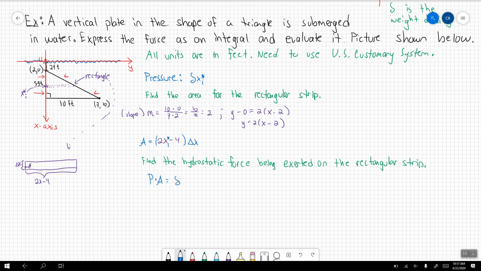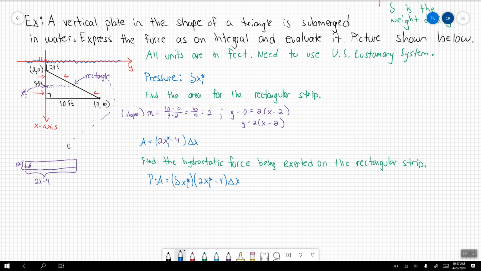So this is naturally going to be delta multiplied by x sub i star multiplied by 2x sub i star minus 4 multiplied by delta x. Here's our density, here's our pressure, and here's the area. Now again, that's only for that one small strip, only for this guy right here.